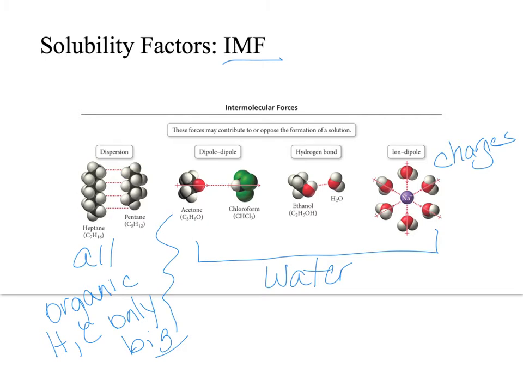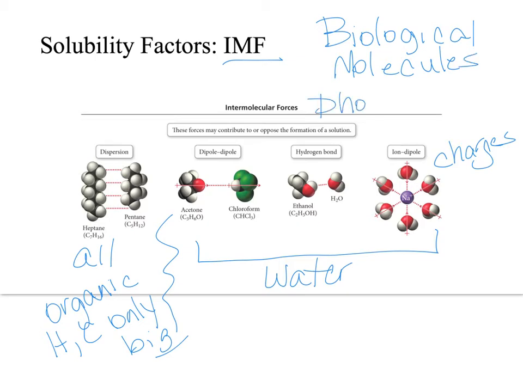An important thing to remember also is when we start looking at biological molecules, you have things like phospholipids, that are amphipathic. Let me change colors here and write that term, amphipathic, which means that they have dual natures.